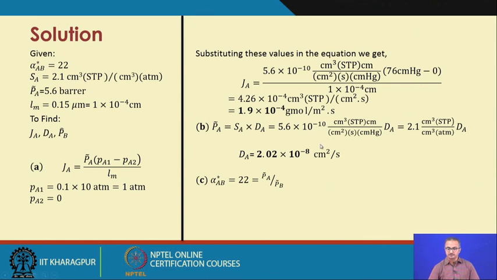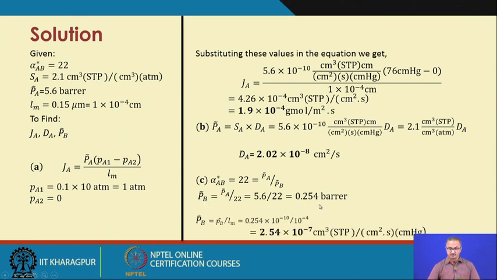Next we come to the ideal separation factor, which is given as the ratio of the permeabilities or permeances. This is given as 22, and from here we find that the permeability of component B comes to about 0.254 barrer.